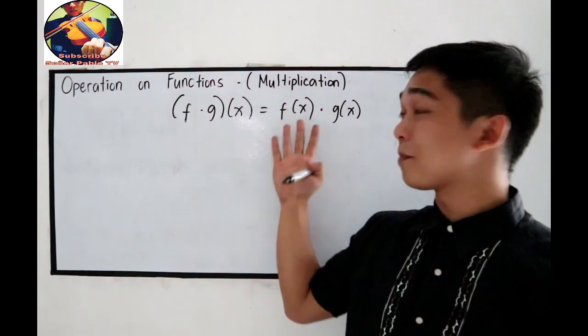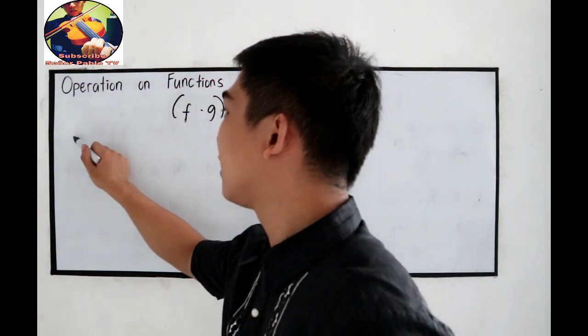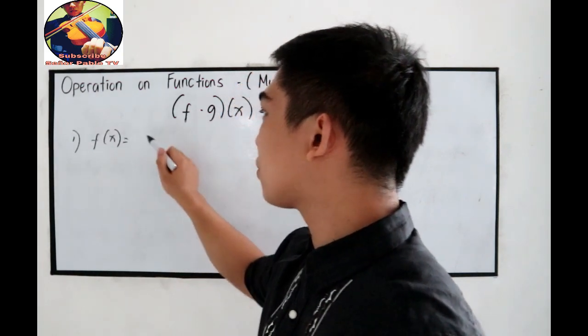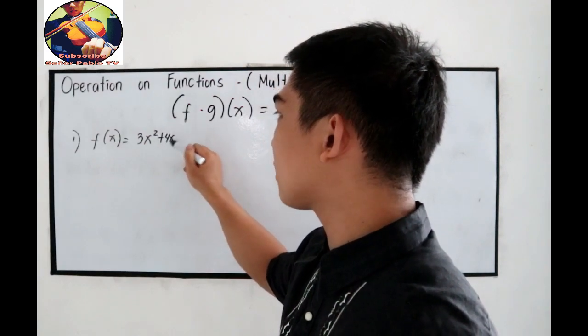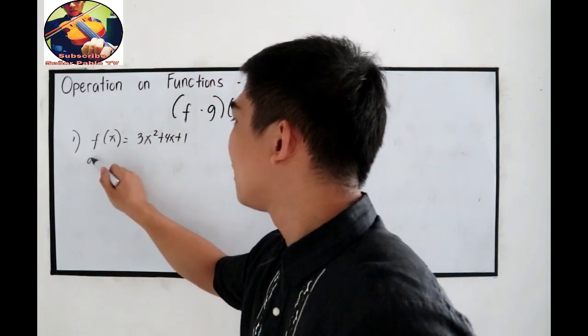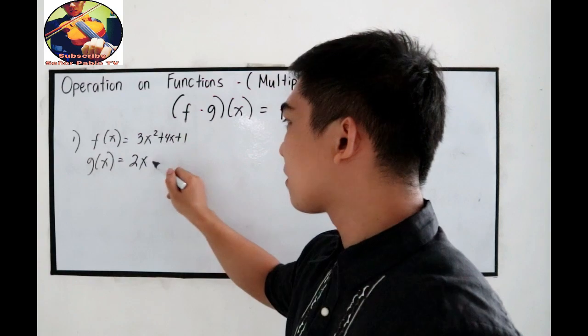This time, we multiply. Try tayo ng example. Given f of x is equal to 3x squared plus 4x plus 1 quadratic, and g of x is equal to 2x minus 3.